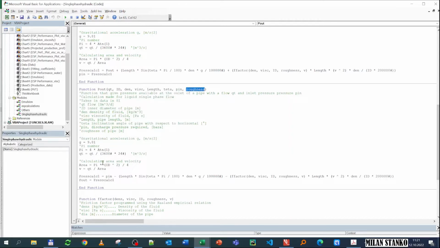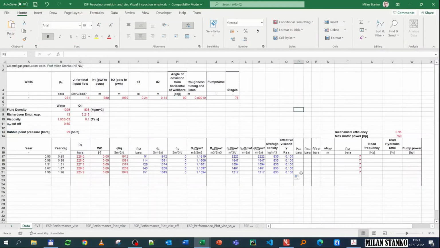It simply calculates the friction factor, and then you see two terms: the P in minus the hydrostatic pressure drop minus the friction pressure drop. So it's very simple. I'm not doing any integration just to keep things simple; I'm just calculating assuming everything is constant.